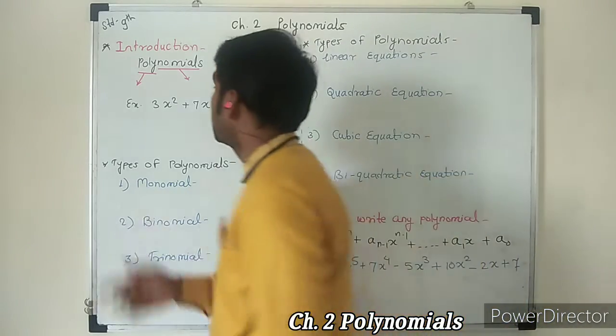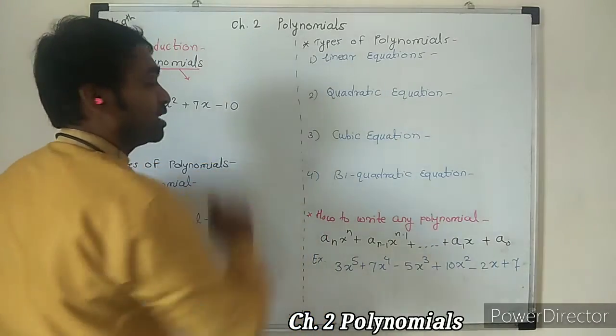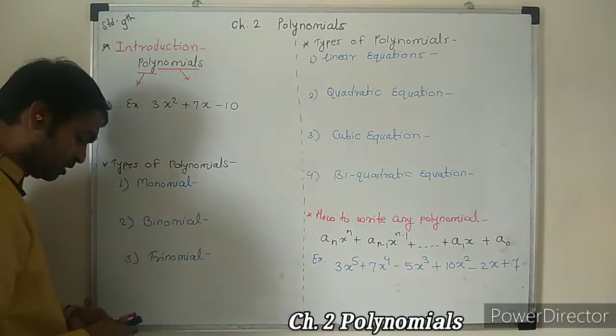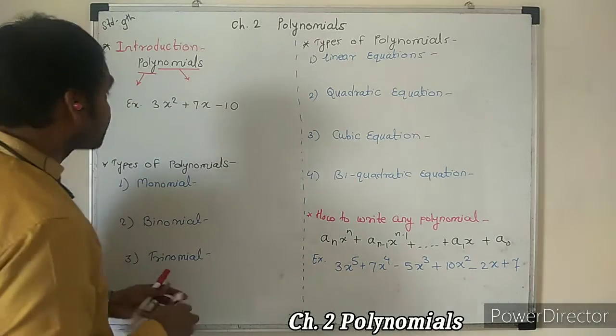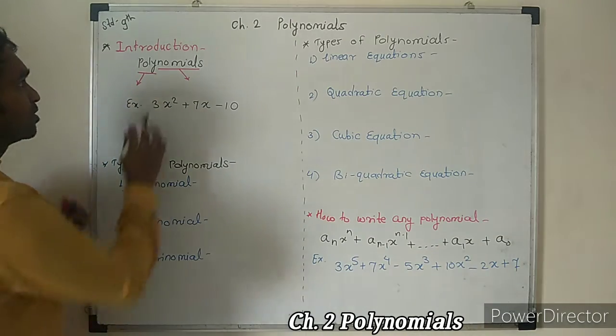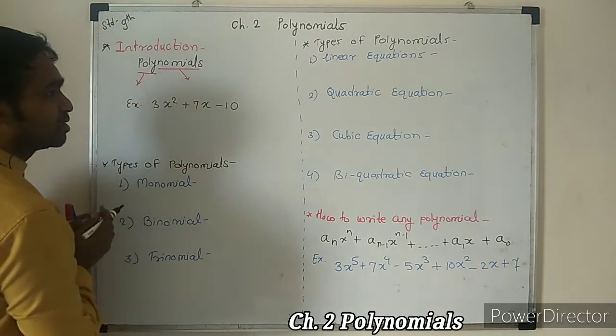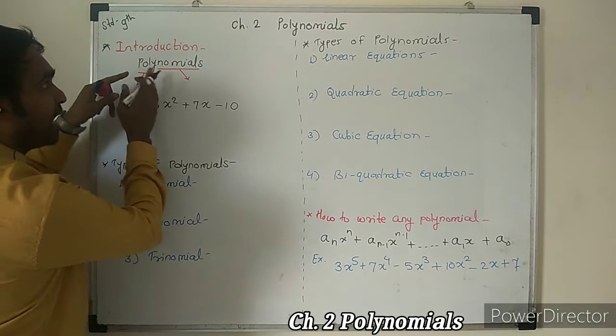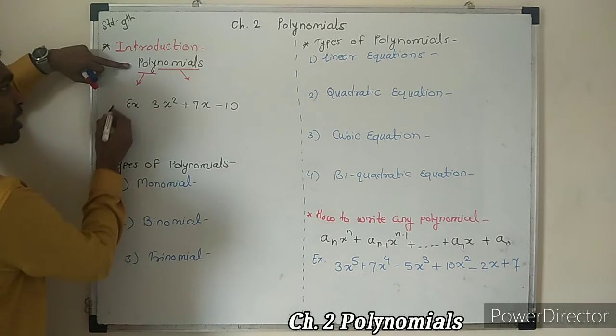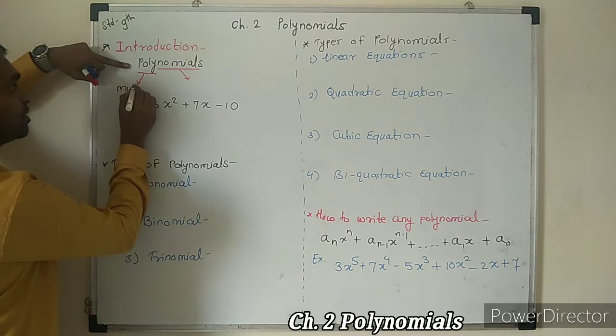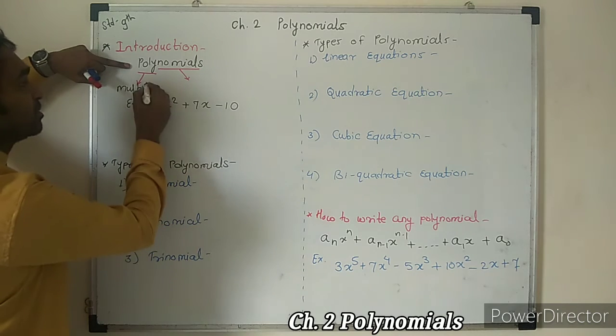Okay. Now see the next point, polynomials. See, first the introduction part. First of all, split this word into poly and nomials. Poly means multi, that is many.